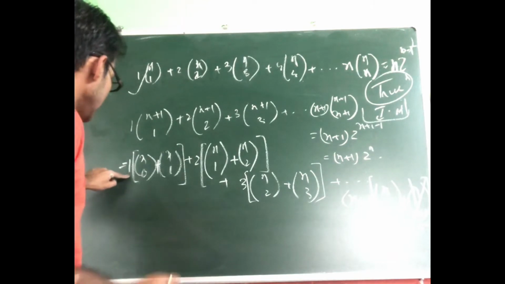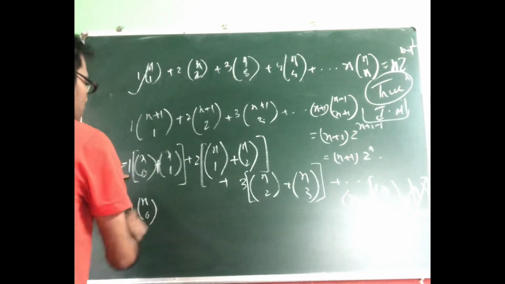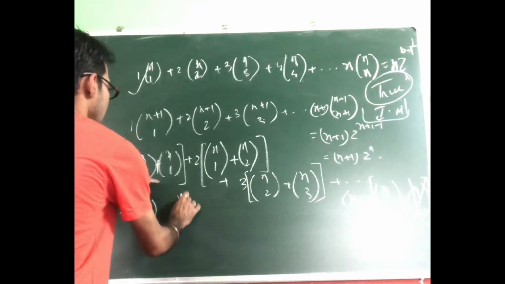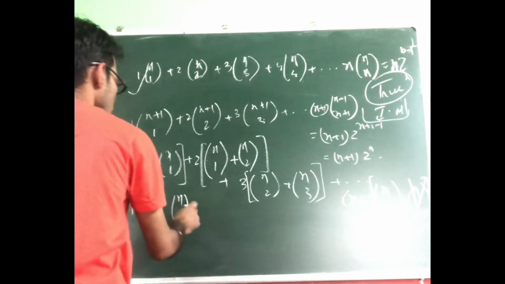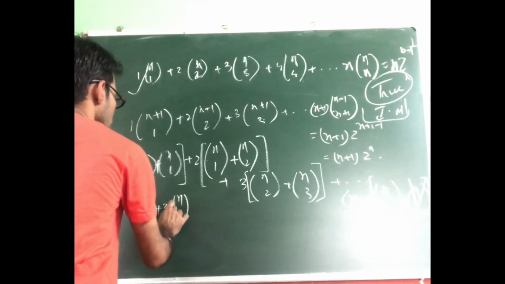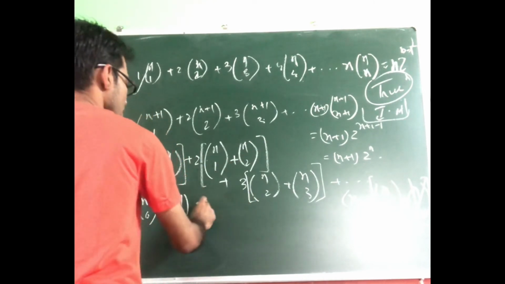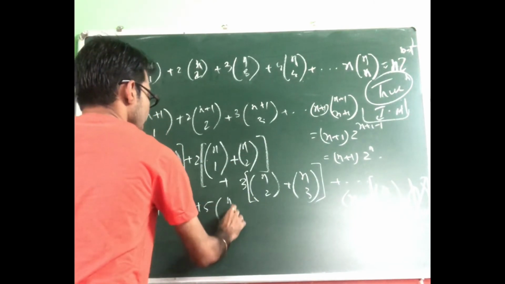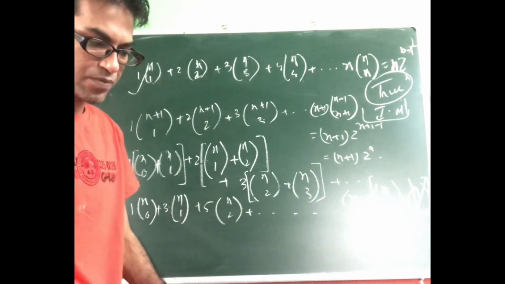So what I get is 1 times n choose 0, then for n choose 1 I have got 1 here and another 2 here, so total 3. Plus here I have got 2 and here another 3, so plus 5 for n choose 2, and similarly we'll get this.